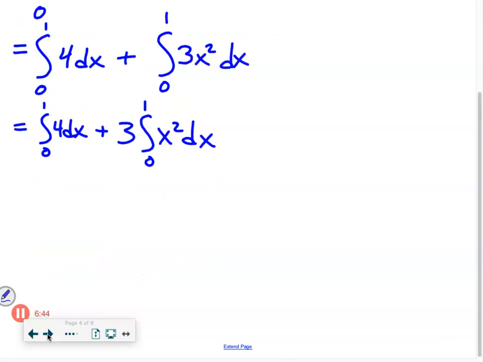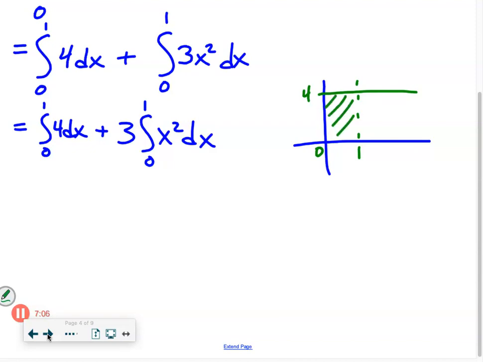All right, so the integral of 4, that you have to do with geometry. Remember, for the integral from 0 to 1 of 4, we have the constant function y equals 4, and we're going from x equals 0 to x equals 1, and you're finding this area.